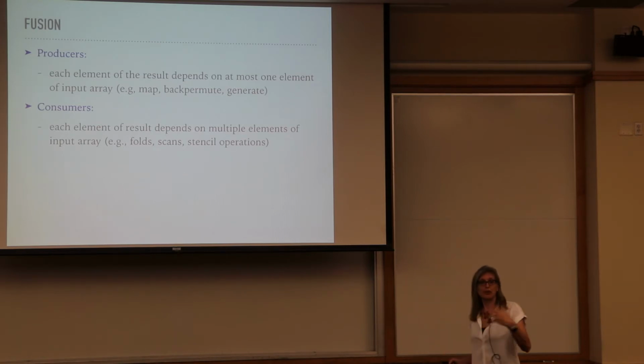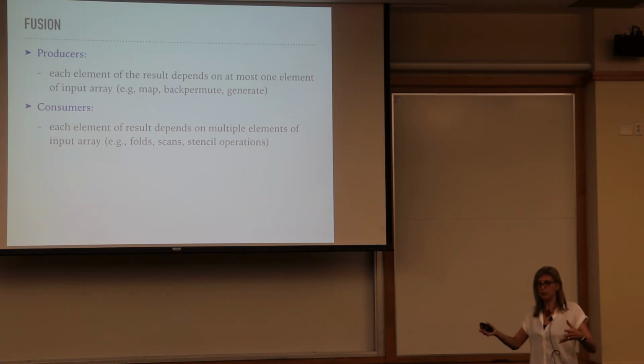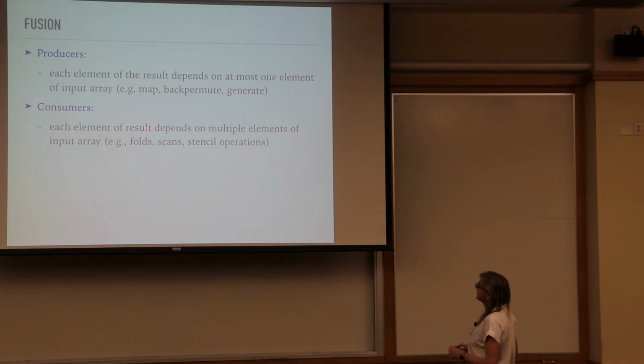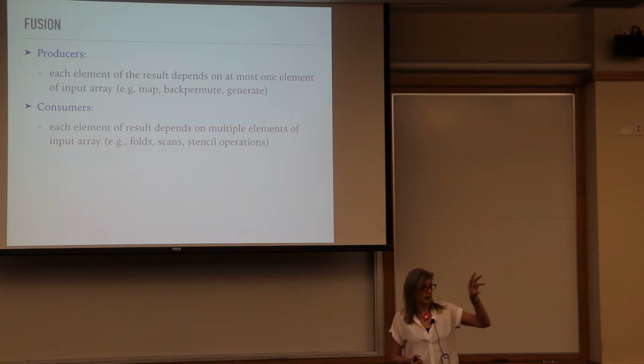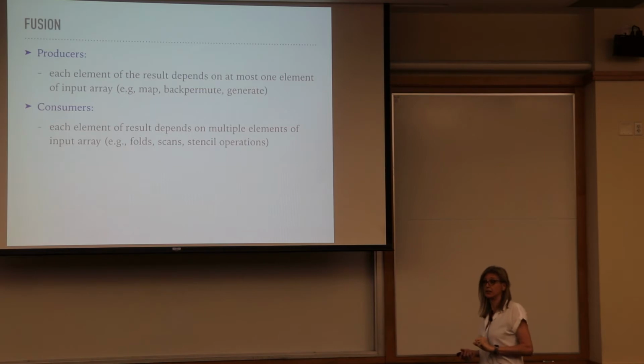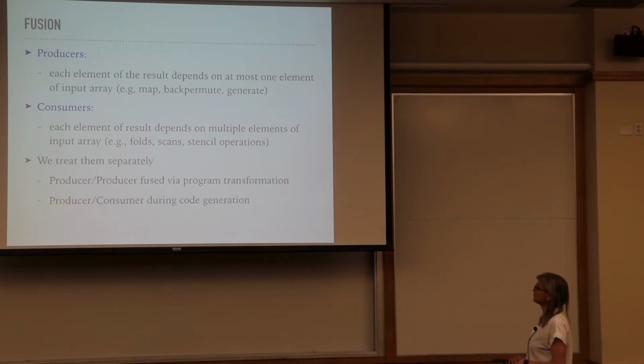So we saw that fold is a consumer, but the shape polymorphic fold actually returns a new array of a different shape. Examples for that are folds, scans, and then stencil operations, where if we have an input array, we always look at a whole set of elements of the input array.